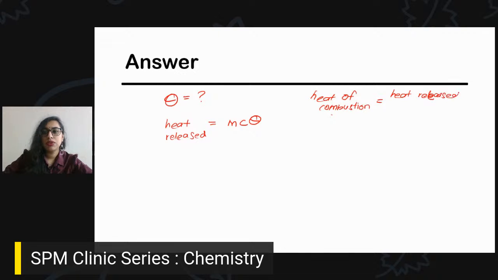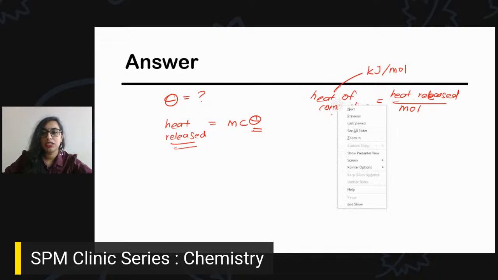Okay, so heat released divided by the mole. That is why you will get kilojoule per mole. All right, so now how are we going to get the heat released? Because in order for us to get theta, we need to know the heat released. We are going to find the heat released from the heat of combustion.